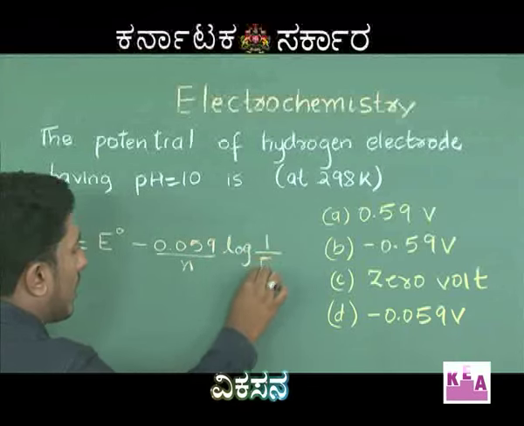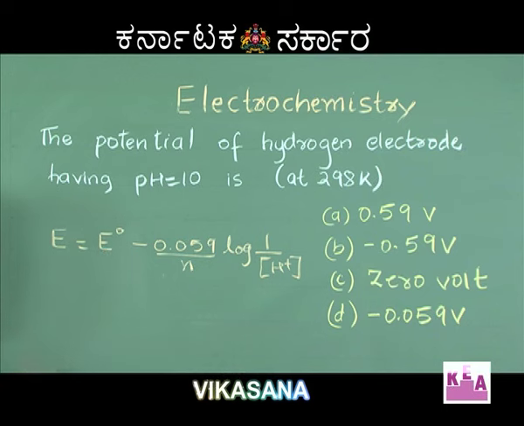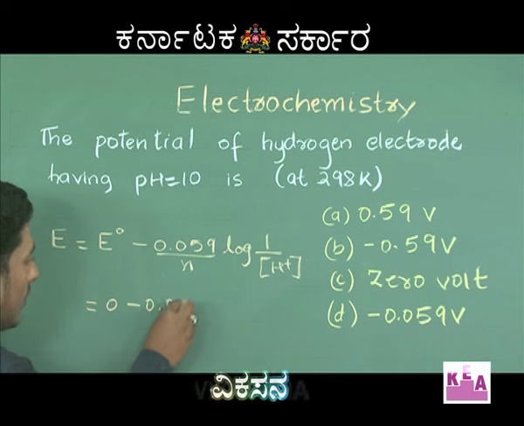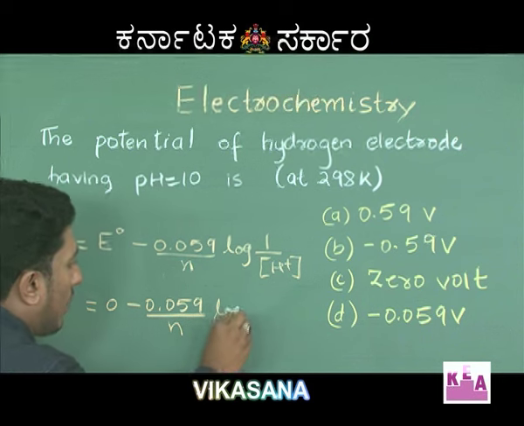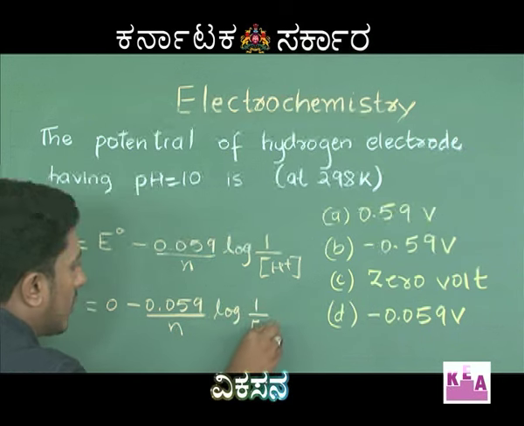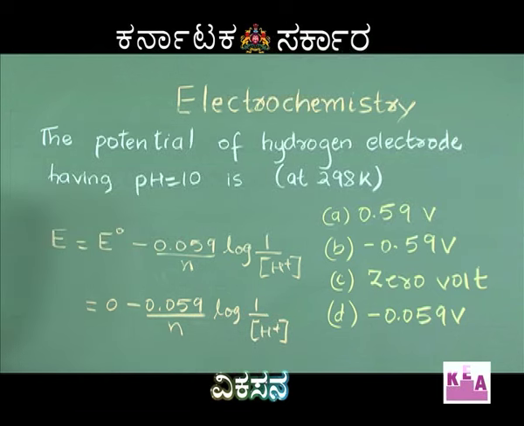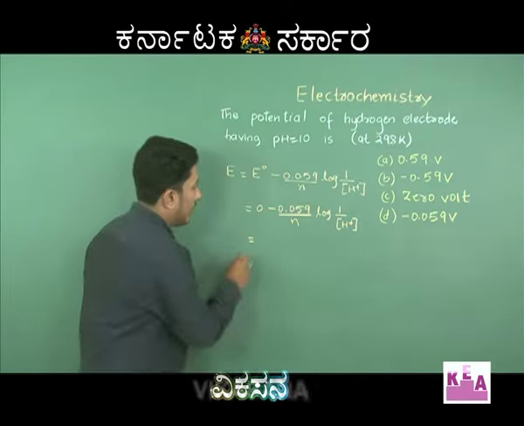In this case, n is equal to 1, and for the hydrogen electrode, the standard hydrogen electrode potential value is equal to 0. Hence, the equation gets reduced to 0 minus 0.059 divided by n into log of 1 divided by the concentration of H+ ion.